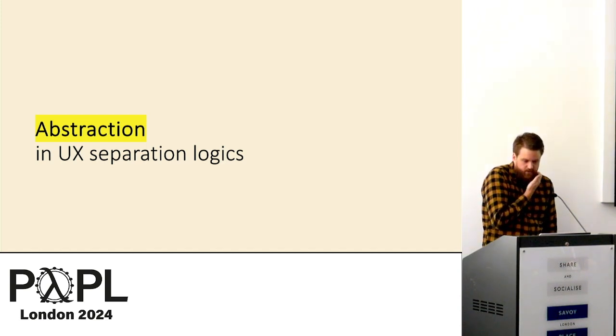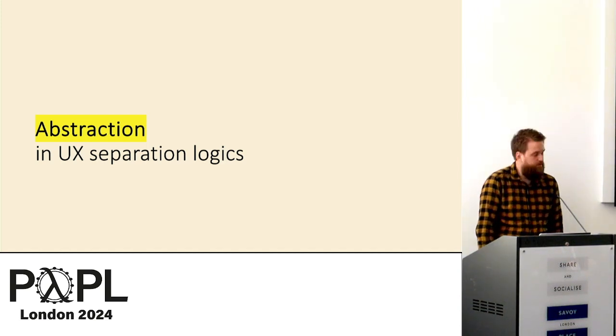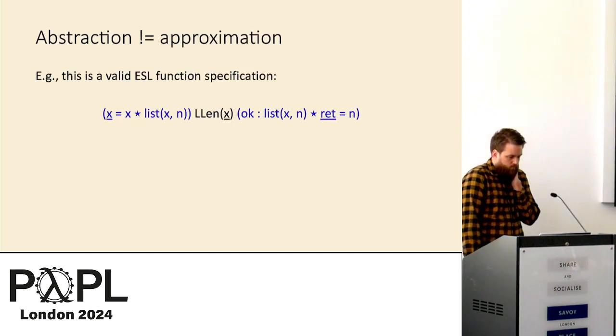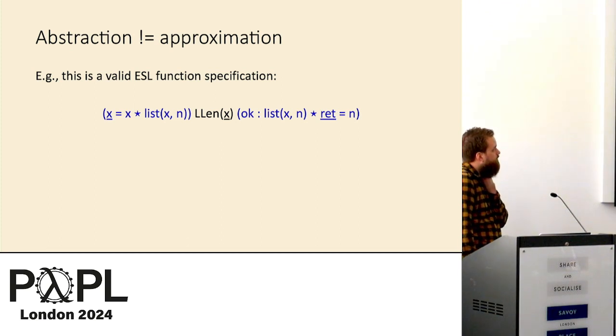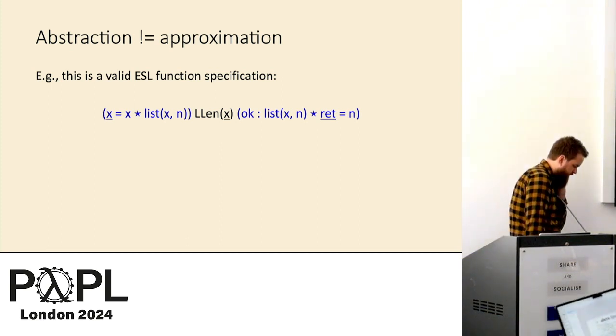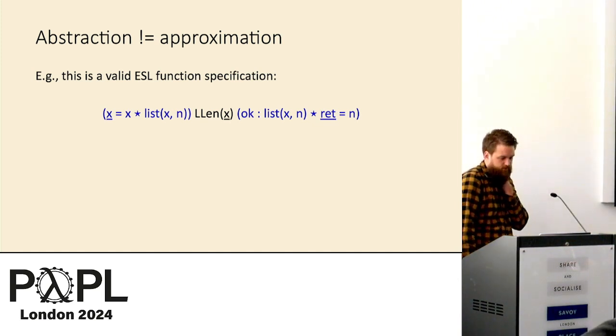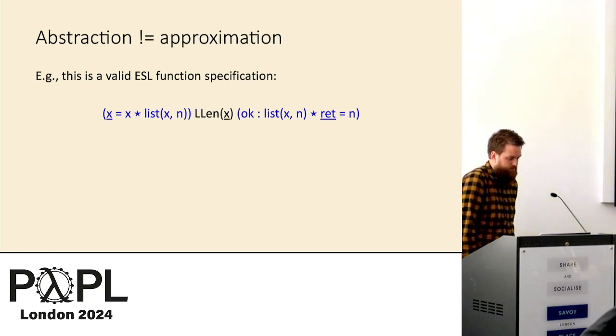Okay, so then there is this second topic, abstraction. So what do we mean by this? This confused us maybe more than it should have initially, but after we realized or remembered that abstraction and approximation is not the same thing, it made some more sense to us.